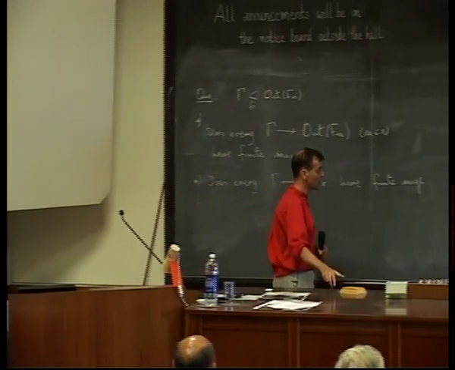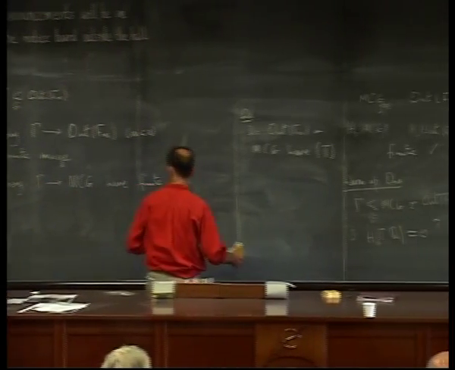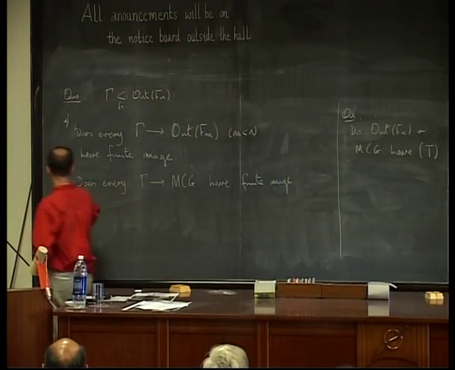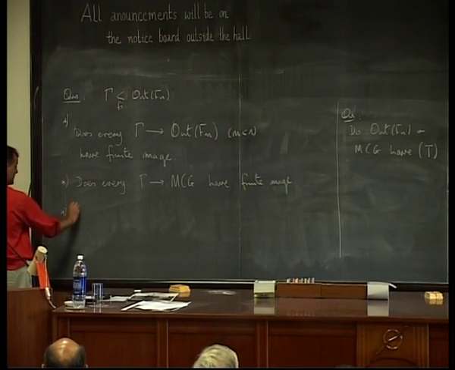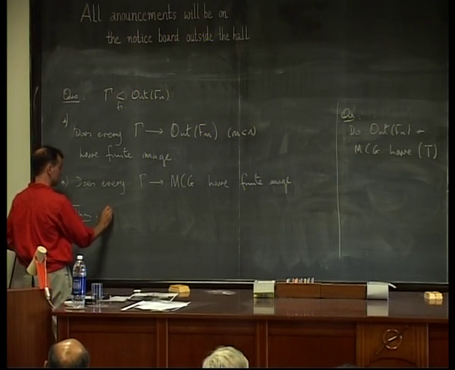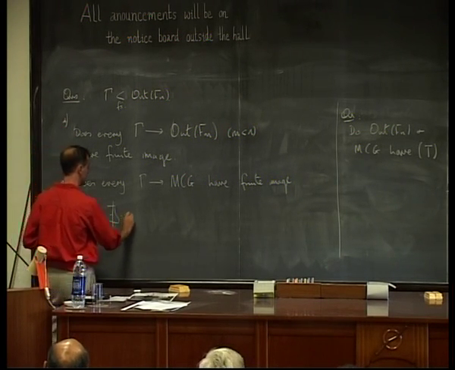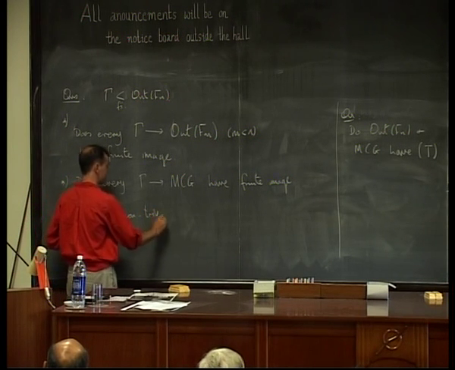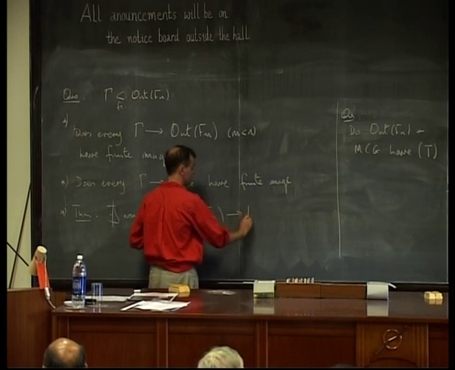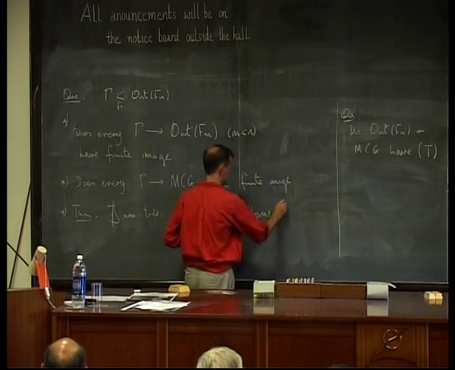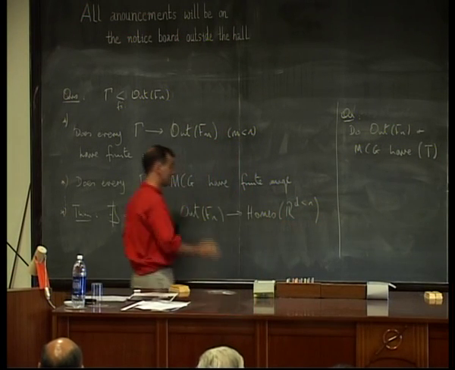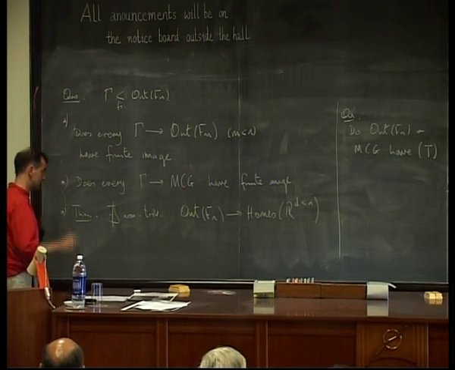Now, just one other worrying point about this is that not everything works as well as you hope. I mentioned the other day a theorem that there do not exist non-trivial homomorphisms from Out(F_n) to homeomorphisms of R^d with d less than n. So Out(F_n) refuses to act below its natural dimension.